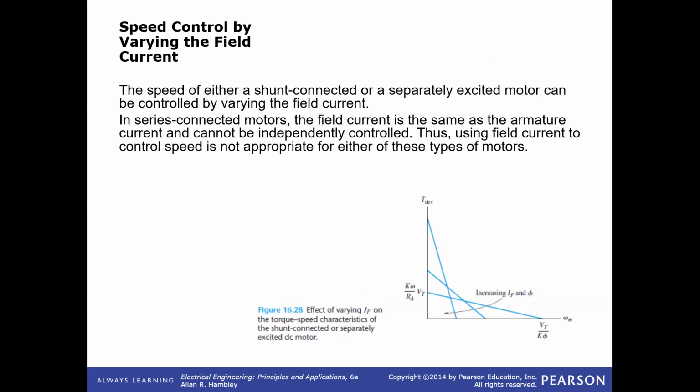Okay, the second approach is by varying the field current but maintaining the voltage supply. So as you can see here, this is the torque speed characteristic for different field currents. So we know that when the field current is increased, the flux will also increase.